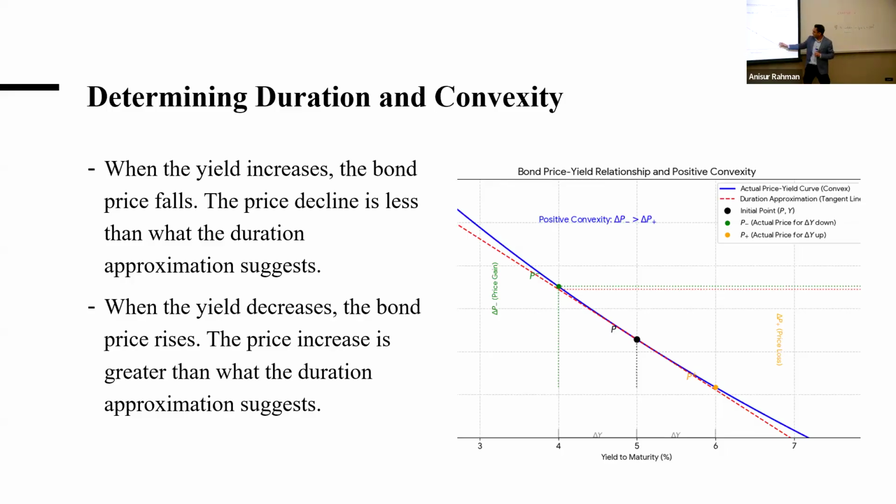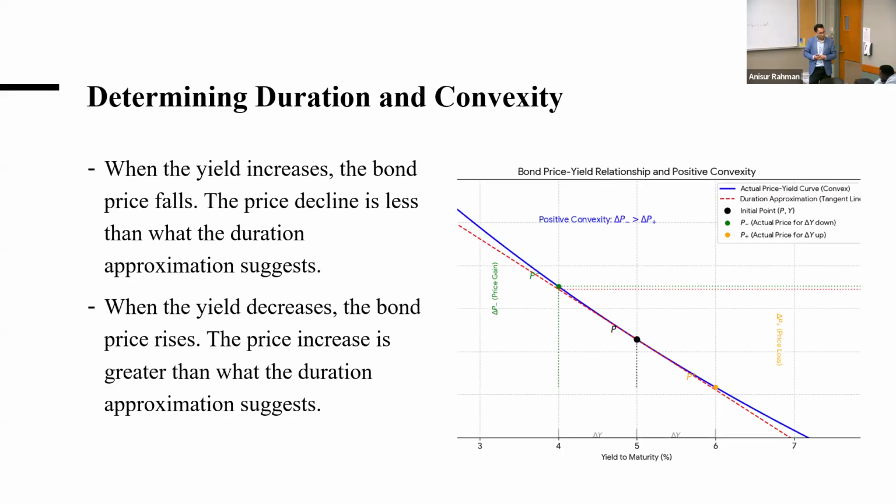But what happens in the case of increase in yield? Of course, price decreases, right? Price from this point to this blue point, right? But duration is telling you this will be the price. Isn't that right? Again, your loss is it overestimated or underestimated?